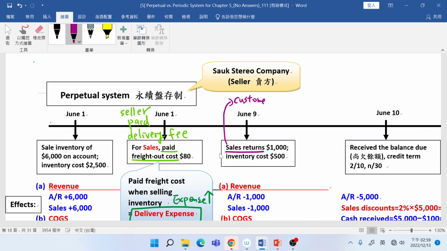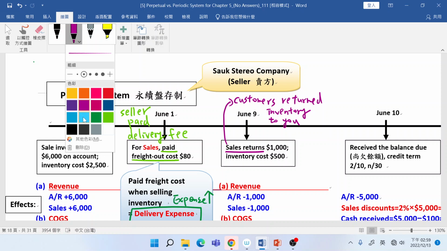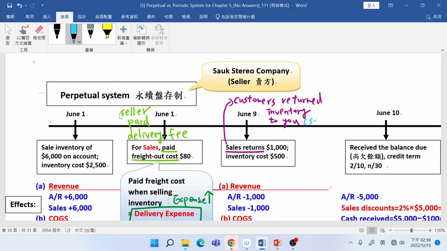So customers returned inventory to you. You are the seller. Okay?